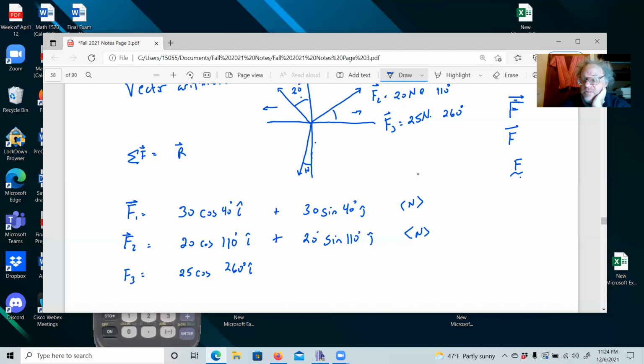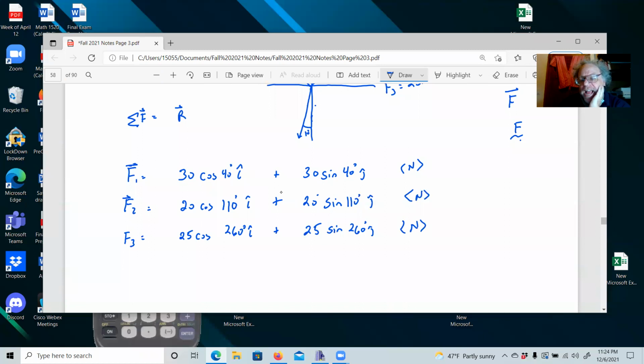You don't have to keep track of positives and negatives if you just use the regular angles. Okay, 25 sine of 260 degrees j hat, and again, everybody's in newtons. And we're just going to add these up. I'm not going to add i's to j's, that's not right, but I am going to add i's to i's to i's, and then j's to j's to j's. That's how that's going to work.